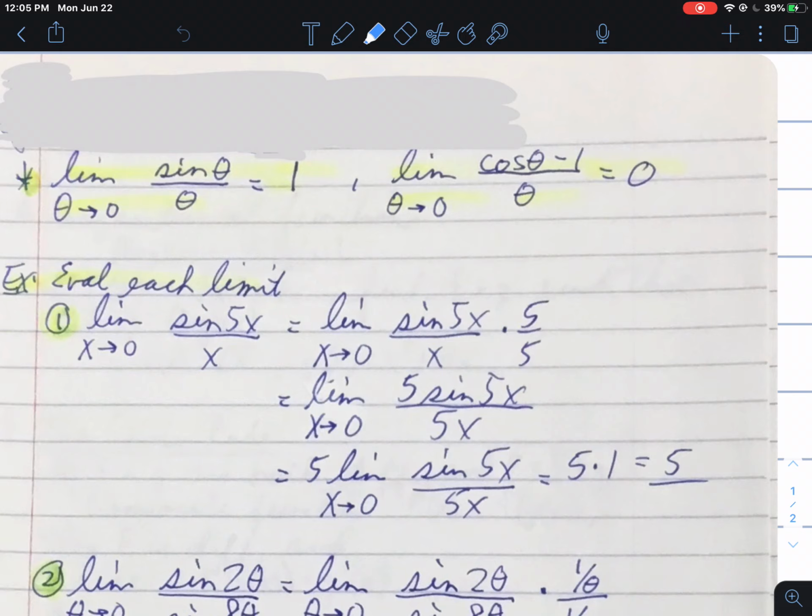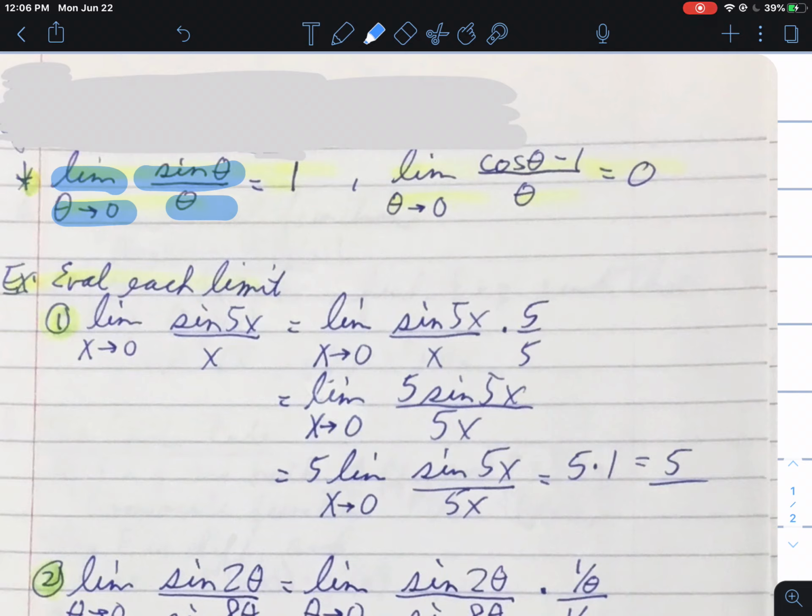It's the limit as theta approaches 0 of the sine of theta over theta. Because notice, if you try to use direct substitution, theta in the denominator, our denominator is 0. Also, if you plug 0 in place of theta in the sine function, what's the sine of 0? The sine of 0 is 0. So it gives you one of those 0 over 0 situations, which we said is problematic.